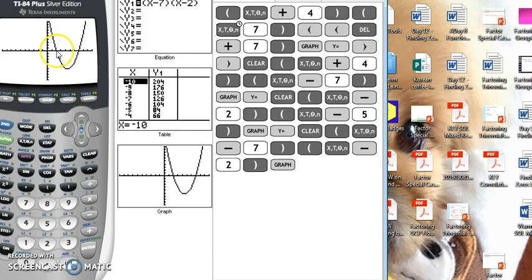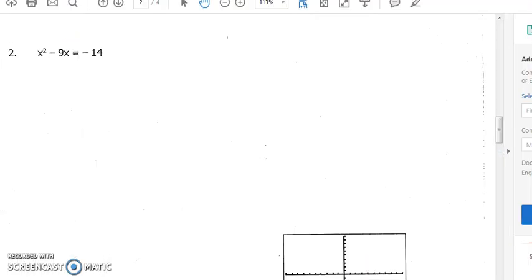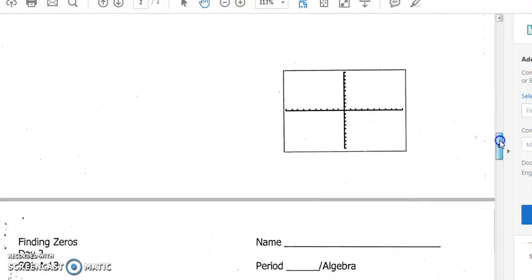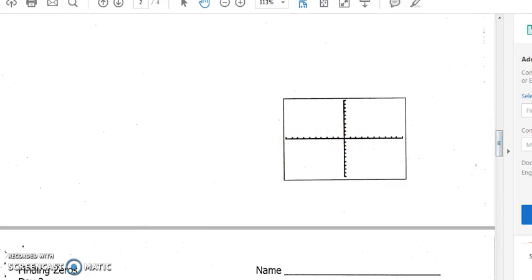So right here, when you hit graph, this is your positive 2, this is your positive 7. So we're going to go back to our paper, right here, that's the graphing. And then we're going to put the dots on from our answer. You have positive 2, so on x, you go to the positive side, and you can just look at the graphing calculator and do it in the same location.